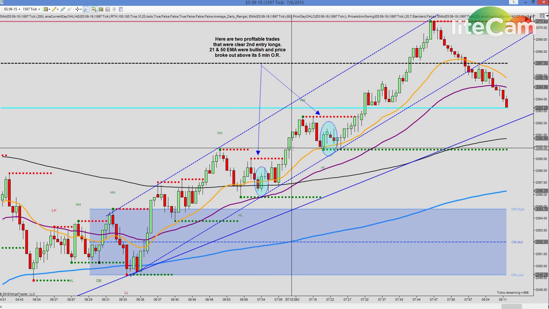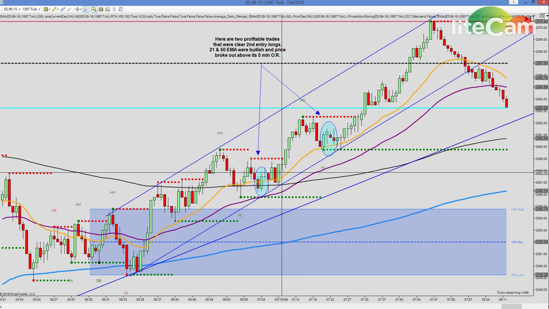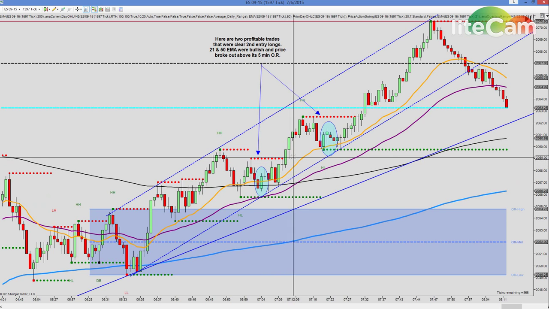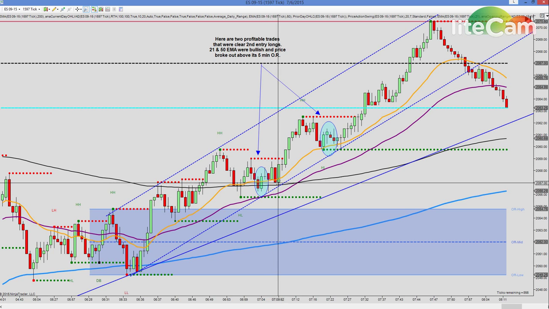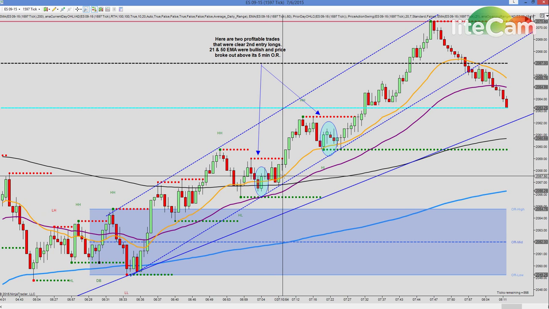My first target on the ES is 2 points, so with entry at 57.50, the first target is 59.50, right about here. At this point, the stop loss gets brought up to break even, which is 57.50.